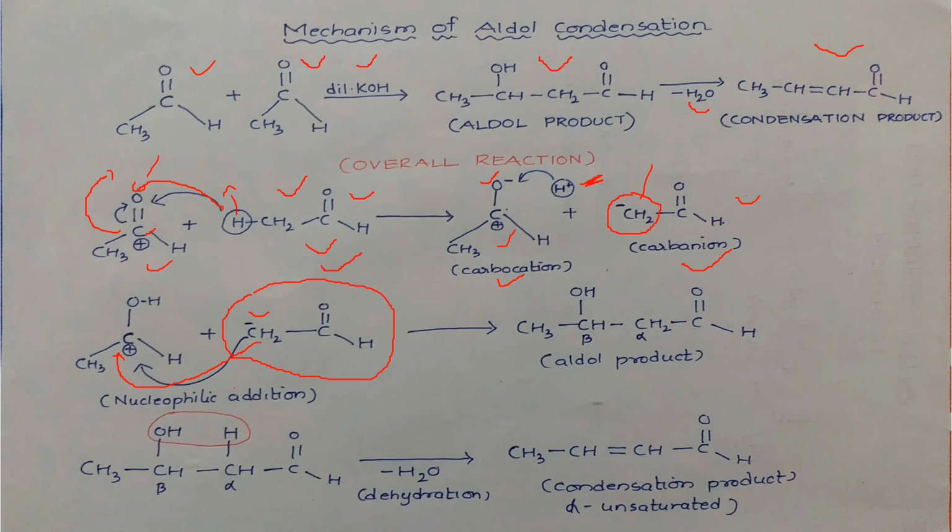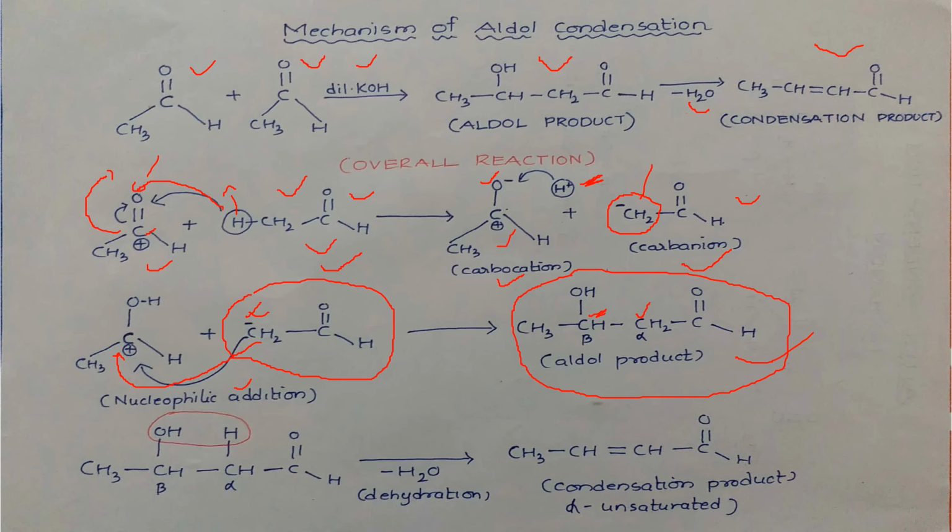A kind of nucleophilic addition is taking place. So the nucleophile is added. When the nucleophile gets added, just see here, this is the product produced, the aldol product. Now this is the carbon which has supplied hydrogen, and that carbon is joining with this carbon upon which there is positive charge. So we get an aldol product.